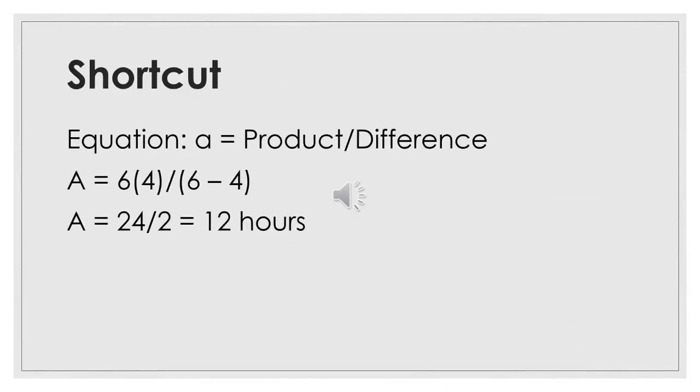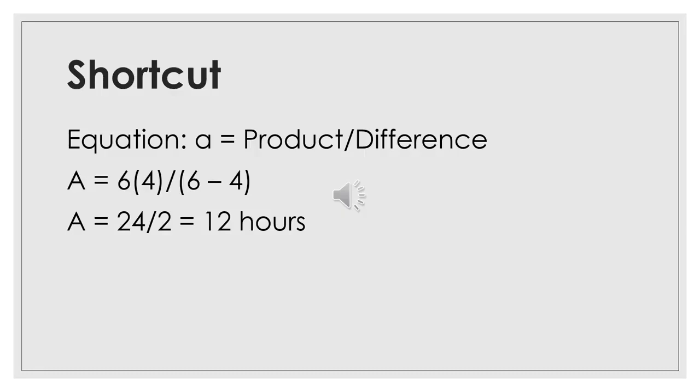Now here's a faster way of solving this problem, and this is just a slight modification of the shortcut that I introduced in my first video on this topic. First, we let a variable for the missing time, and in this case, the missing time is Adeline's time if she does the work alone.